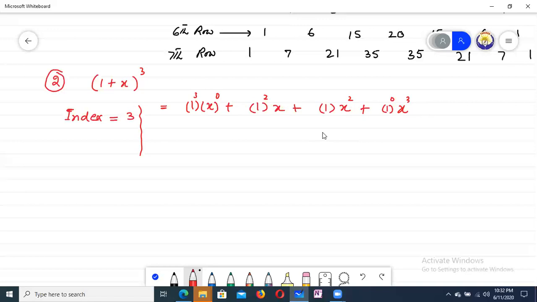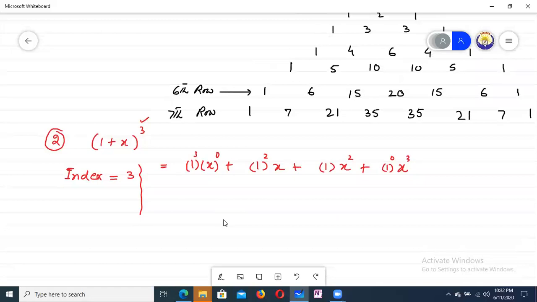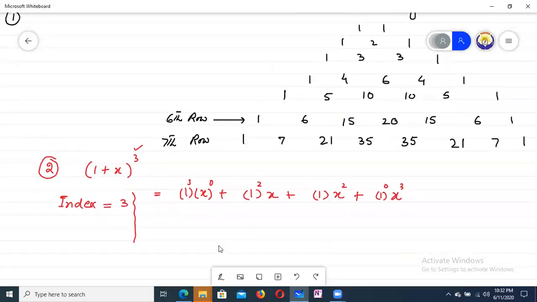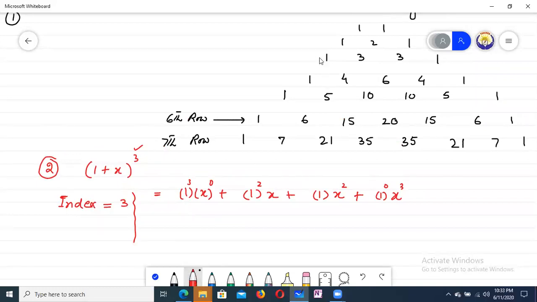Now the next thing is the coefficient of these terms. As the index here is 3, we will use the third row. The third row you can see here. This is the third row.